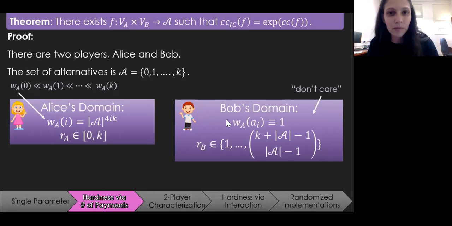Can we think about these alternatives, graded from the least preferred to the most preferred, as having one more item each time, or is that not a good way to think about it? Yeah, it's a good way to think about it. Actually, the result that I talked about with the welfare maximization, this is exactly what we do there. So I can think about alternative i as Alice gets i items and Bob gets k minus i items?